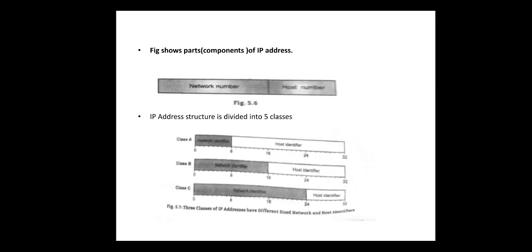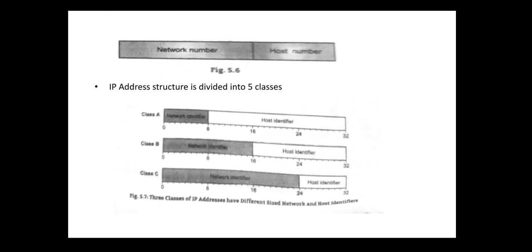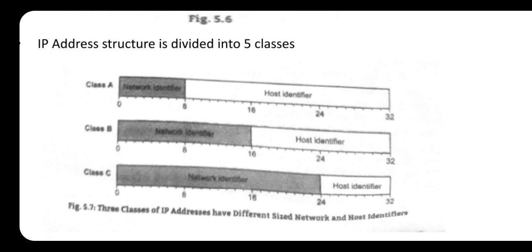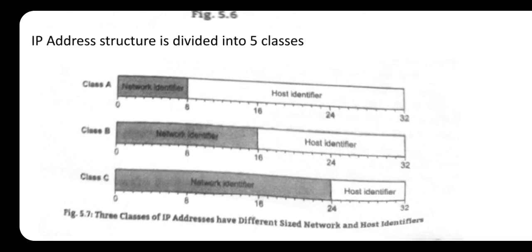Next concept, that is IP address classes. An IP address contains the network and host part. IP addresses are divided into 5 classes: A, B, C, D, E. For class A, the first 8 bits are the network identification number and the remaining 24 bits are host identification.